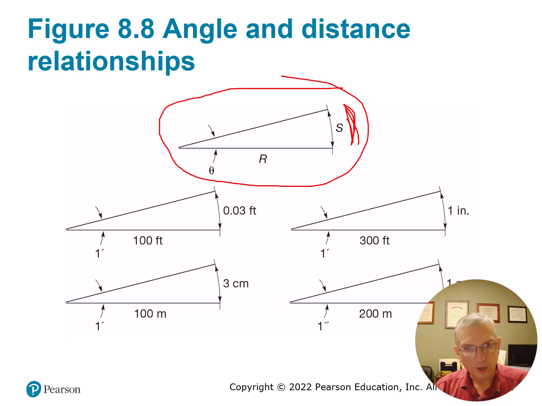So a 1 minute angular measurement, 1/60th of a degree, in 100 feet will be 3/100ths.